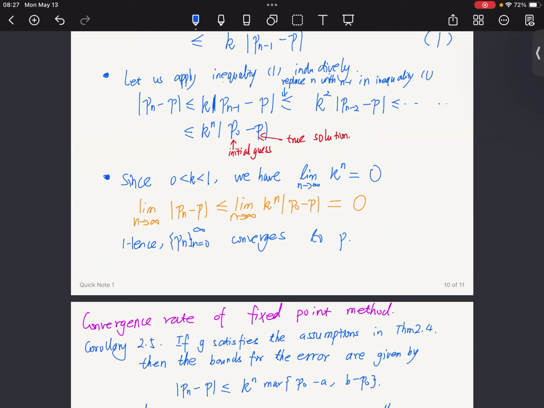Because we don't know these two solutions yet, so we cannot use this criterion to bound the errors. We are going to use this indicator instead, P0 minus A, and we know the left endpoint, we know the initial guess, and so we can have the bound for the error.